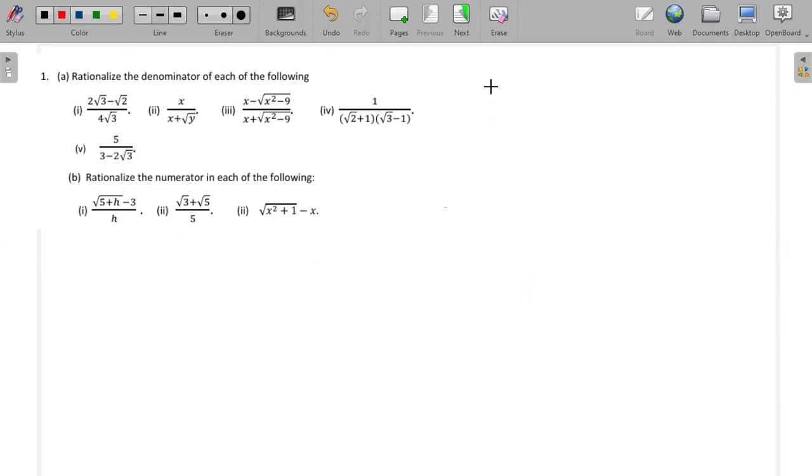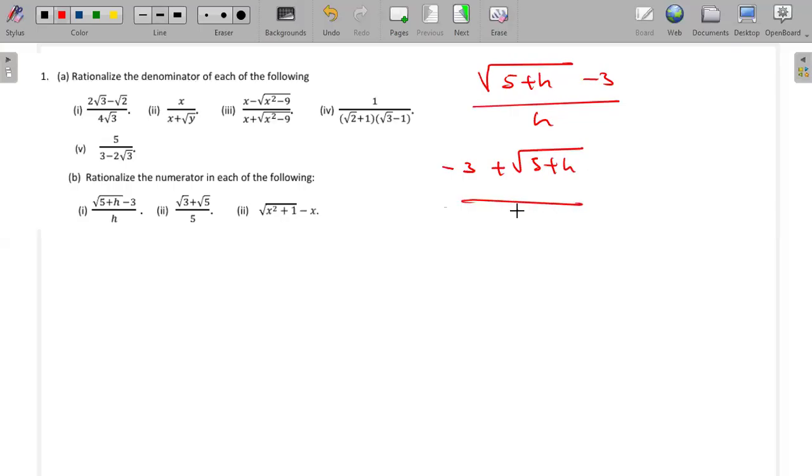So now you have square root of 5 plus h minus 3 over h. So you multiply by the conjugate. You can write it like that or just go direct. So let me write this side, square root of 5 plus h over h.